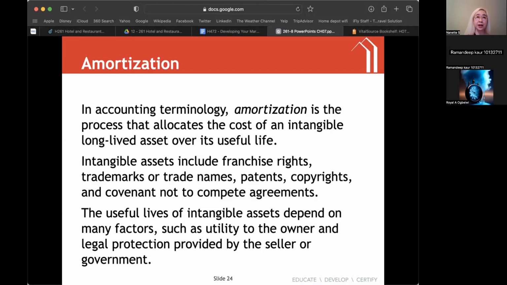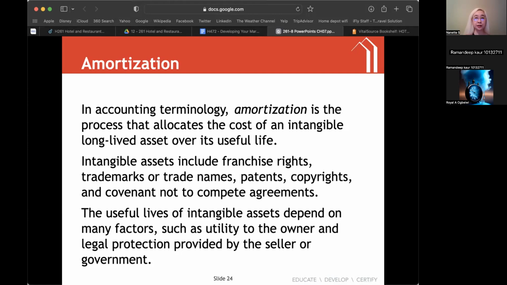Right. So let's say you're running a franchise business, right? So the franchise is normally executed because you want to run a business that is already a well-known or established brand. So let's say you don't want to open your own restaurant from scratch.